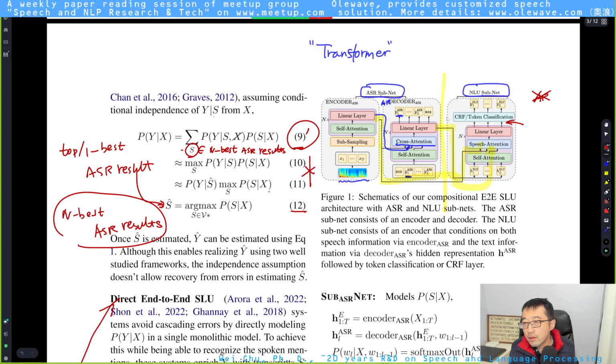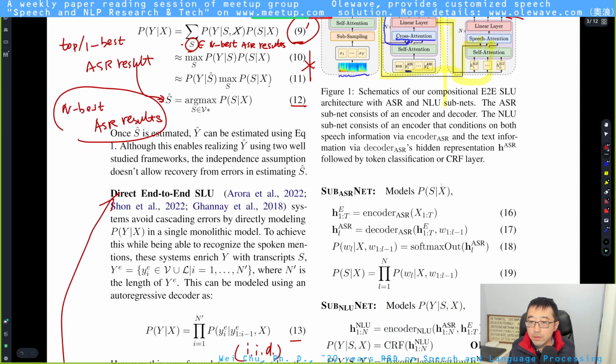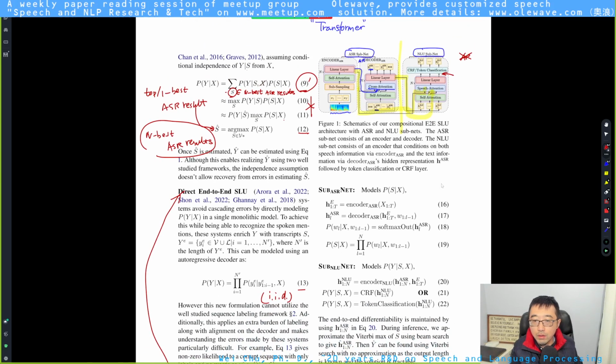I would say you can call this the encoder of the NLU, right? You see this? I need to zoom out further, so you can see the output from here is shown in equation number 20.